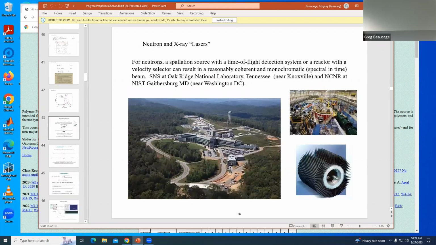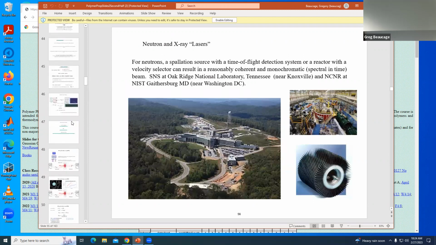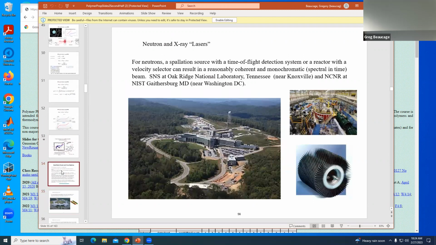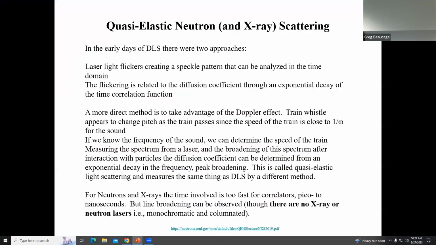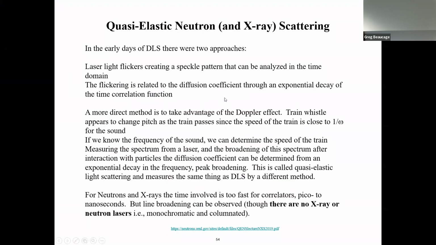dynamic light scattering, right? In the beginning, probably 1965, right after they invented lasers, when lasers became widely available, people realized this speckle pattern thing, where you could have these spots moving. They also realized that they never really had monochromatic light before.